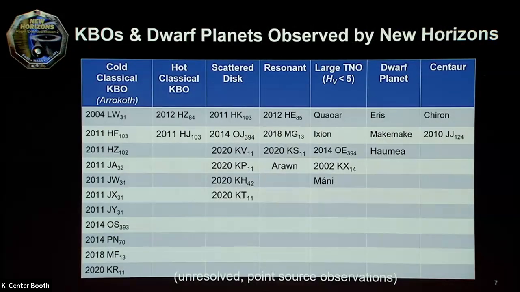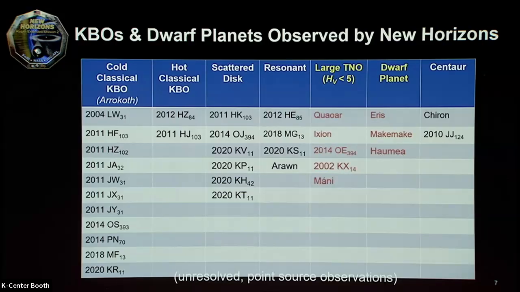So this is an inventory of objects that New Horizons has looked at. New Horizons has observed objects from every dynamical class of KBOs, many cold classicals, because we flew right through the dense part of the belt, of course. Hot classicals as well, objects from the scattered disk, resonant objects, larger TNOs, and a couple of centaurs.